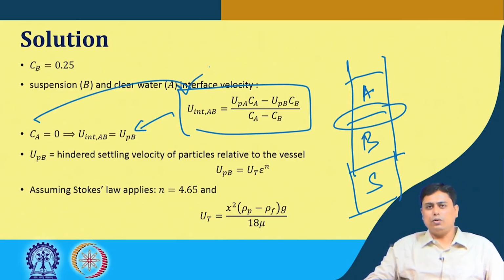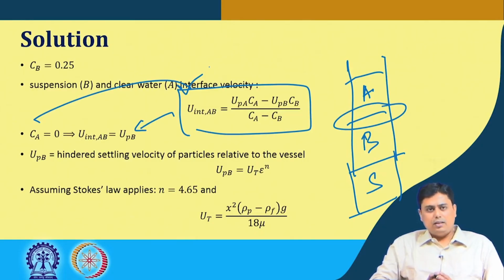Ca is 0, which means the interface velocity, or the interface settling rate, is basically the settling flux rate at zone B of the particles, that is UPB.